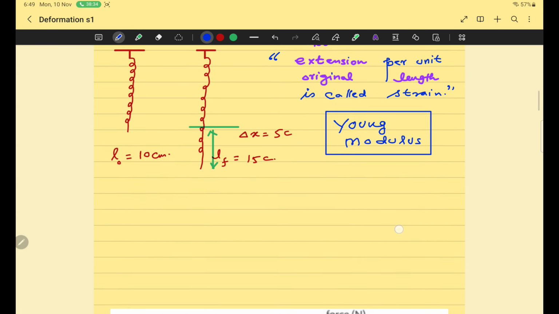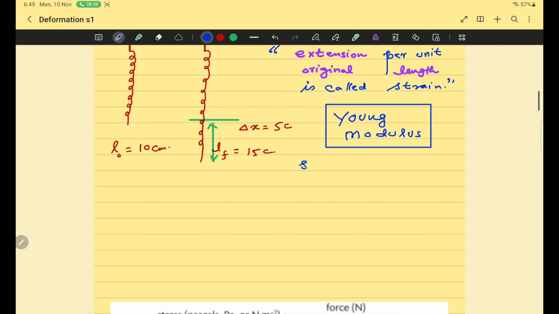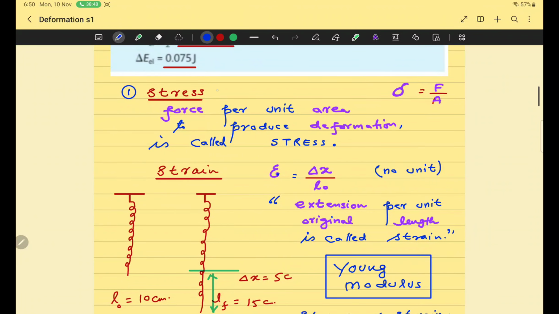According to Young's law, stress is directly proportional to strain. Obviously, if you exert greater stress, there will be greater strain. If you exert less stress, there will be less strain.